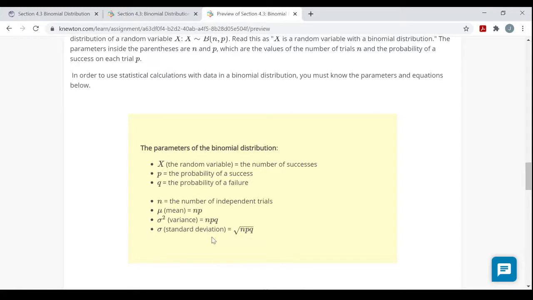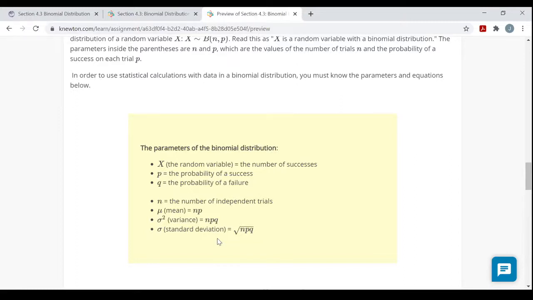All right, and then the standard deviation. Now again, remember there was this crazy formula that I took you through in section 4.2, where to find the standard deviation of a distribution of a random variable, you took every value, subtracted the mean, found the deviations, then squared those deviations, then multiplied by the corresponding probabilities, and then you added those up, and then took the square root of everything, right? Now, that's for a general discrete random variable.